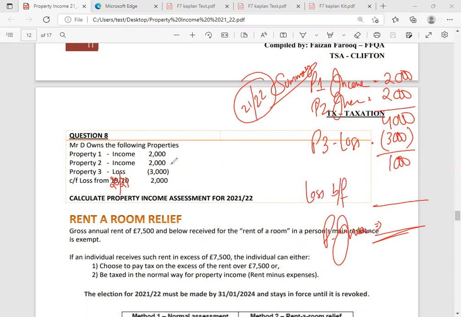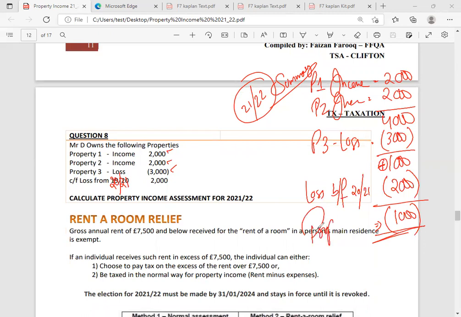See, we have 1000 positive, meaning income, but the problem is there is a brought forward loss from the previous year. How much? So this is giving me negative 1000. So again, this is a property loss, and it will be carried forward to the next tax year. Any questions, please? No questions.